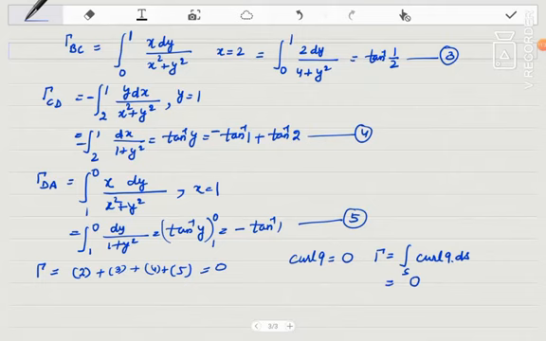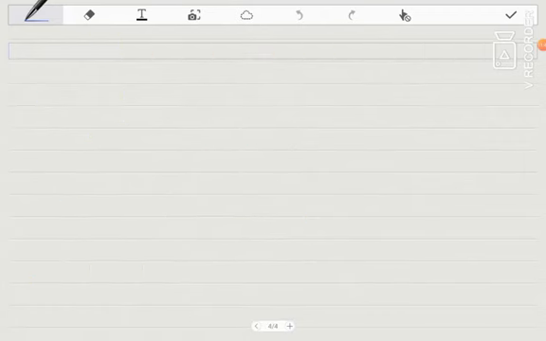Now we come to the second part of this question, which says: what will be the circulation, that means what will be gamma around a circle. So I am writing in words what the question is. Now B part is: calculate circulation around a unit sphere.